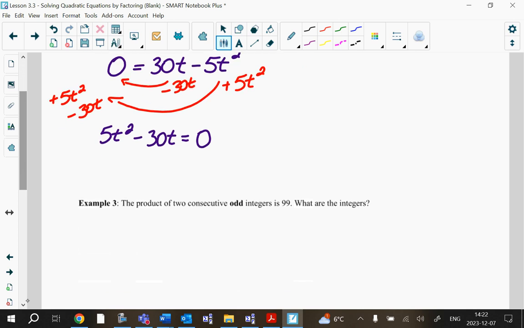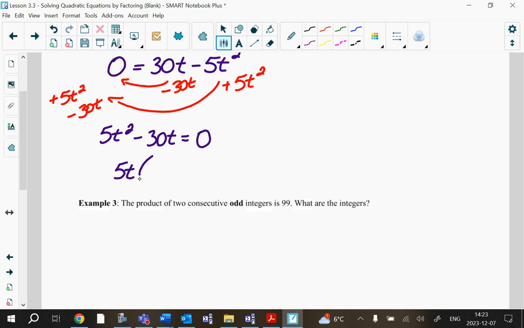How do we solve these things again? Well, either taking the positive and negative square root or by factoring. This has got a t term, so I have to factor it. What kind of factoring? GCF. What can I take out? What's the greatest common factor? 5t.